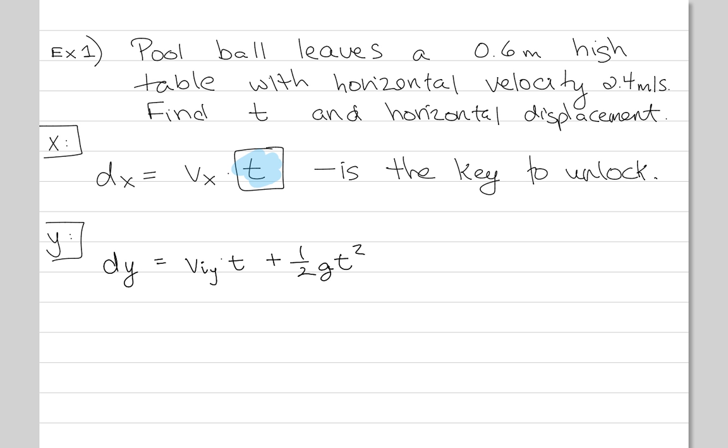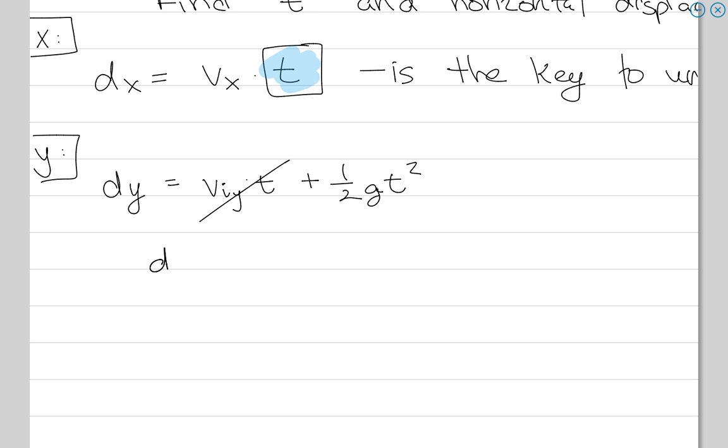Is there any vertical motion when it's on a desk? Is there any horizontal motion? No. If I push it from the horizontal direction, is there any initial vertical? No, nothing. So this whole thing is gone. You have to know that one. It's the key. So then we have the vertical displacement is just 1/2 gt squared.